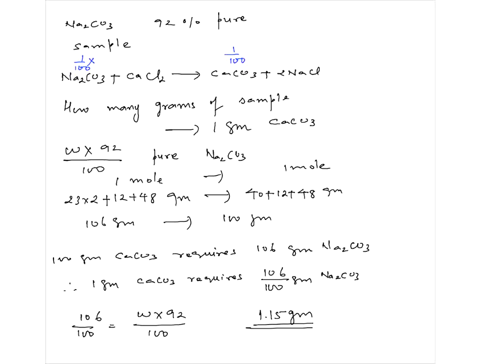Let's see. 23 into 2, 46. Carbonate is 60. 106. These many grams of pure Na2CO3.